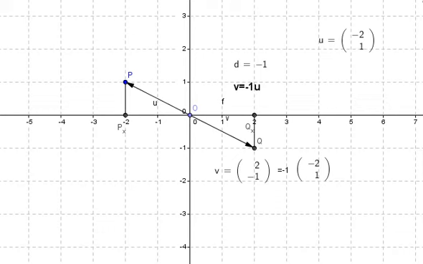And the y coordinate, the second coordinate of Q, is negative, which again we obtain by multiplying the second coordinate by -1. -1 times 1 is -1.